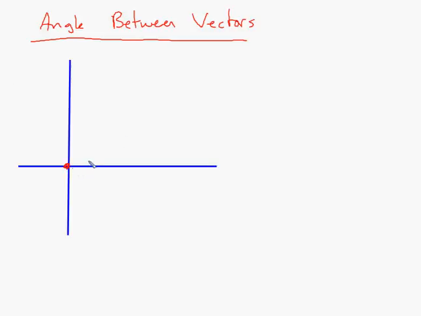Let's say I have a vector drawn at the origin. Here's a vector and here's another vector. What I want to know essentially is, what's this angle?